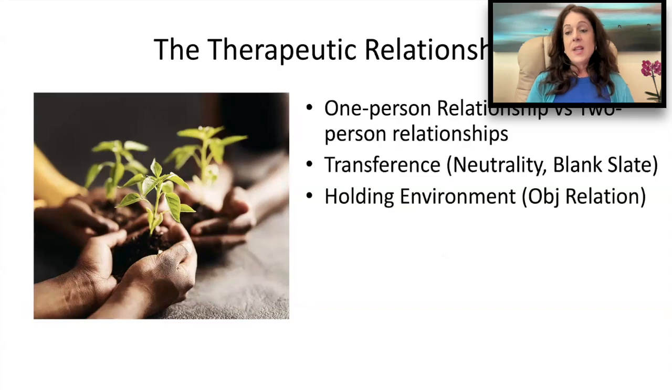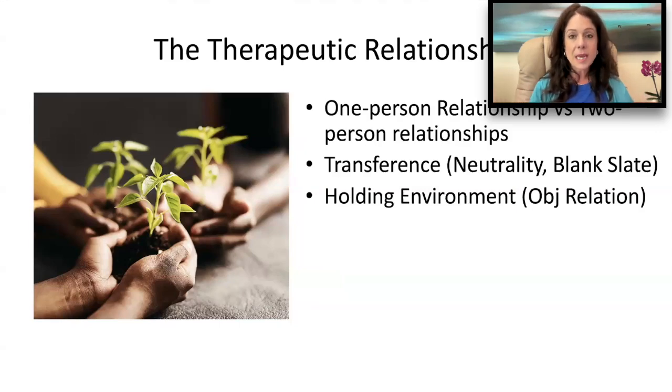And then object relations gives us this concept that you've probably heard of, the holding environment. The holding environment concept comes from how a good enough mother parents, in terms of having a secure relationship where most of the time you're able to meet the needs of your child. Most of the time as a therapist, you're able to meet the emotional needs of your client. There are temporary, minor failures where you miss the ball, right? But there's this holding environment that is nurturing, empathetic, and understanding.